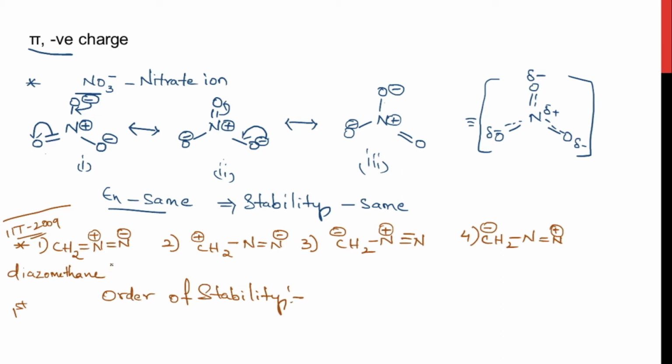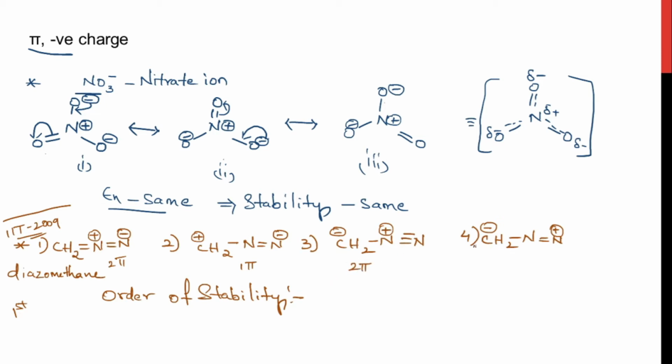We are counting the pi bonds because the sigma bonds are the same in all the 4 resonating structures. In the second resonating structure, you can see only 1 pi bond. Yes, and in the third resonating structure, you can see 2 pi bonds, 2 pi bonds between the 2 nitrogen atoms.